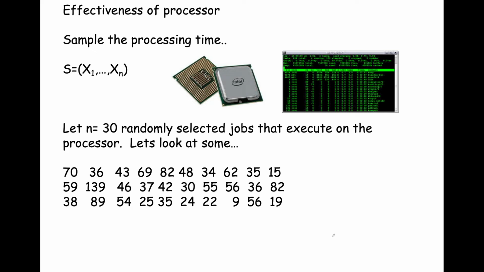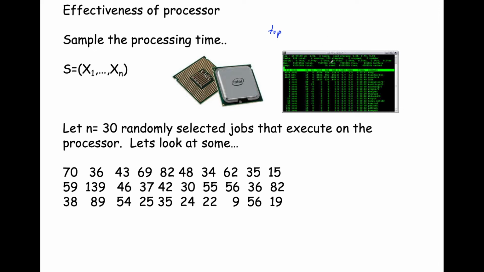We have a bunch of processing times, and there's a utility in command line Unix called top. If you run top, it'll give you a screen full that looks like this on the command line. It gives you the amount of CPU time that your processes on your computer have taken.